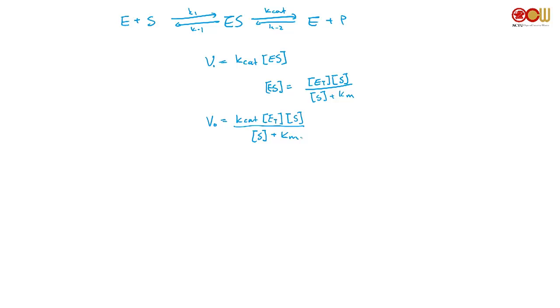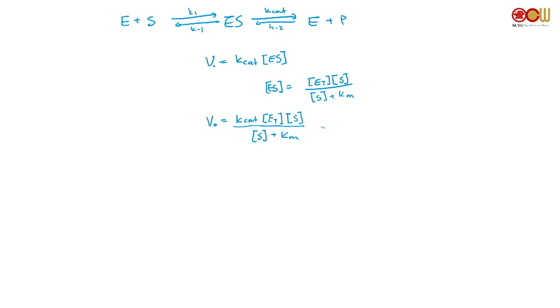Free enzyme by itself, difficult to measure. ES complex, difficult to measure. But enzyme total, I can measure. I can just find out how many enzymes I have total, regardless of whether or not it has the substrate inside. That's easy. So this is our Michaelis-Menten equation.